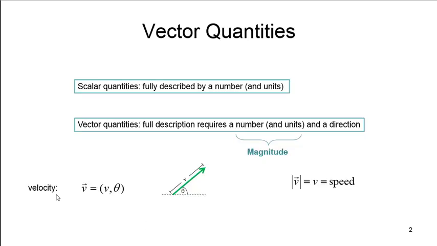And the velocity vector has a very special name for its magnitude. The magnitude of a velocity vector is speed. Speed is just how fast you are going. It ignores direction. So the magnitude of our velocity is speed. That's what this whole thing is saying here.